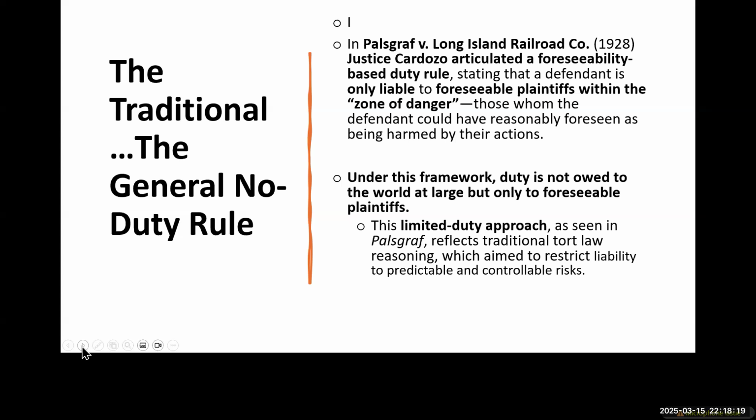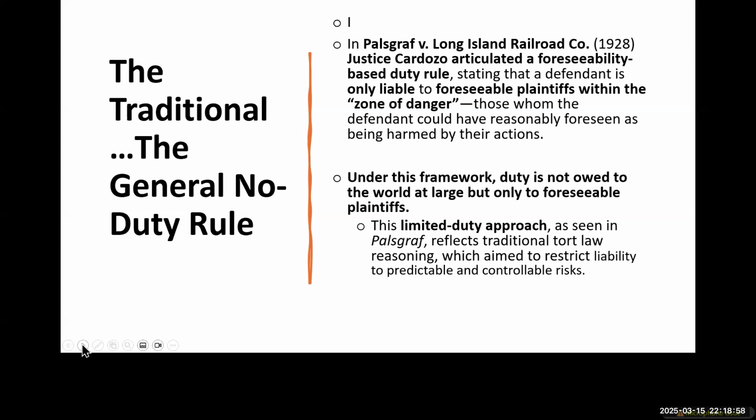So in his announcement, Justice Cardozo, articulating the foreseeability-based duty rule, states, a defendant is only liable for that first element of duty if the injured party was a plaintiff who was foreseeable and was within the orbit of danger.